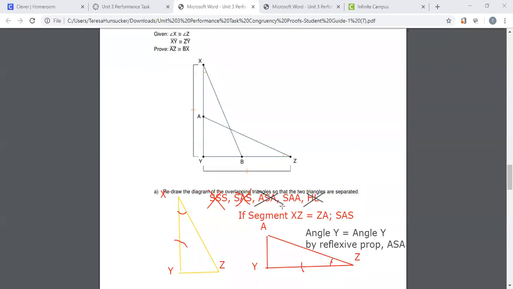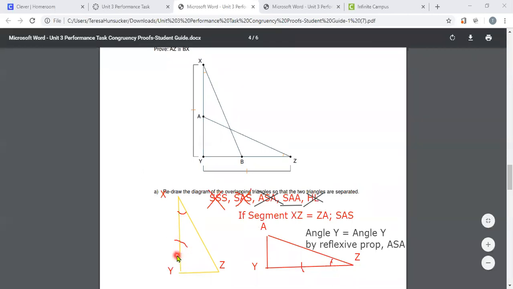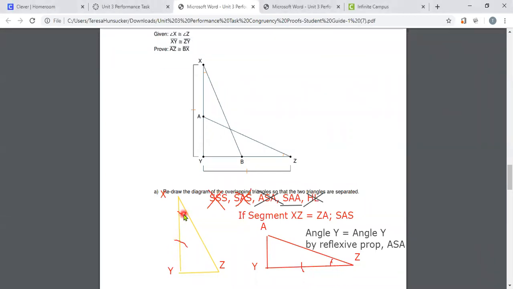So the last thing we have to try to see is what additional information is needed to prove the triangles congruent by side angle angle. So if you look here, we have a side, an angle, and we need another angle. The most immediate angle is Z. In this triangle on the right, we have side YZ, angle Z, and we need the next angle in that order, okay?